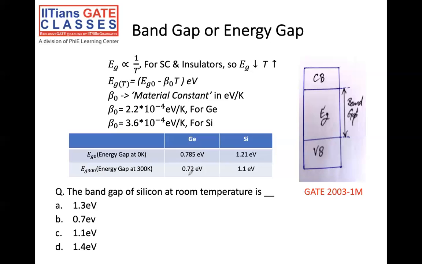We have to remember all these values for the GATE exam, because in 2003 we had a question of 1 mark: the band gap of silicon at room temperature is, that is simply this value, 1.1 electron volt, which is one option given, that is C option is the correct option. So like this they can ask questions.